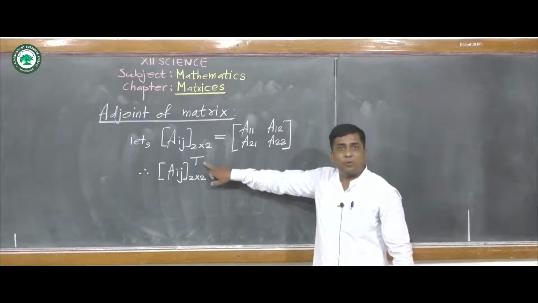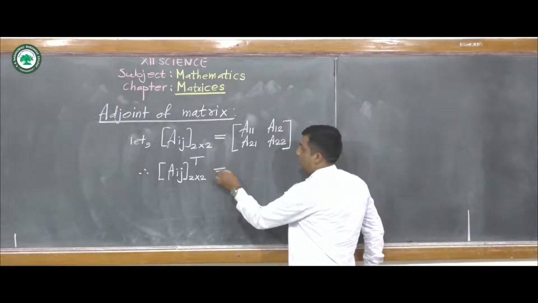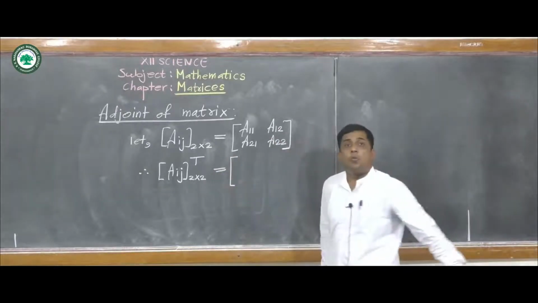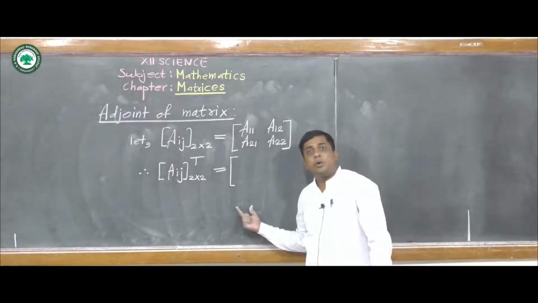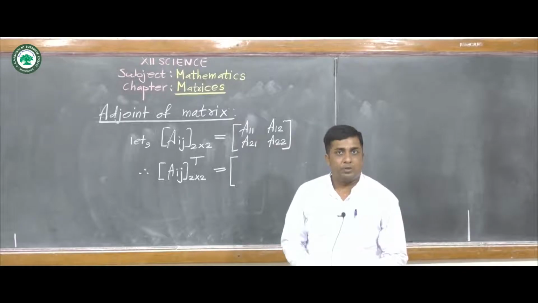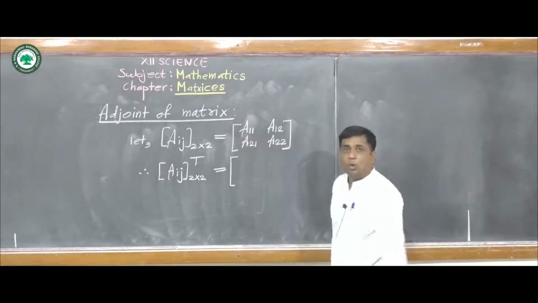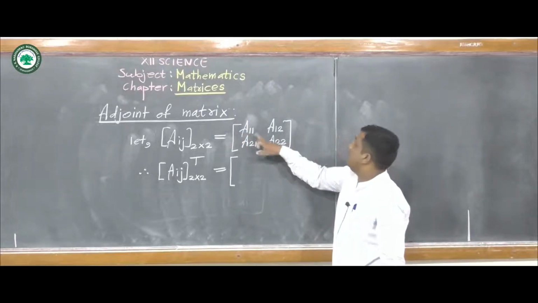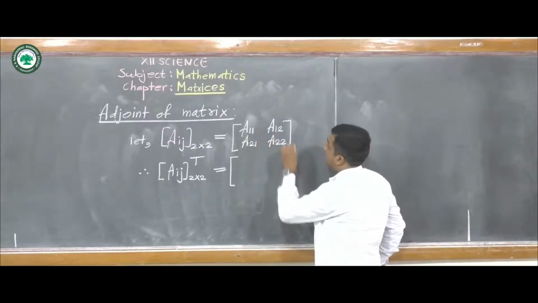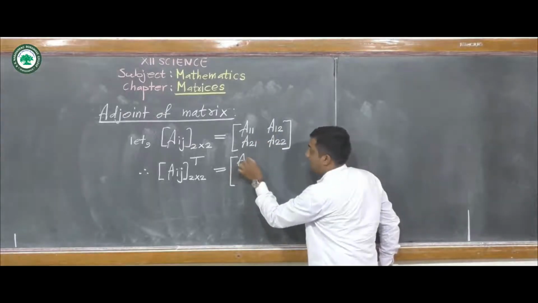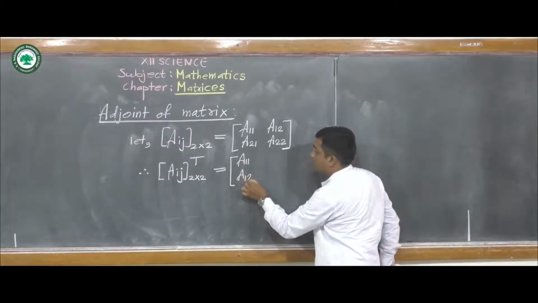This is for the transpose. This is equal to, in the matrix we convert the first row into the first column, the second row into the second column. Now in the first row we are given A11 and A12. So we consider those elements for the column, A11, A12.